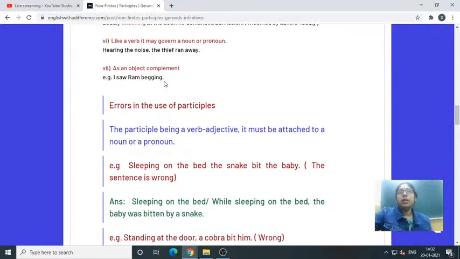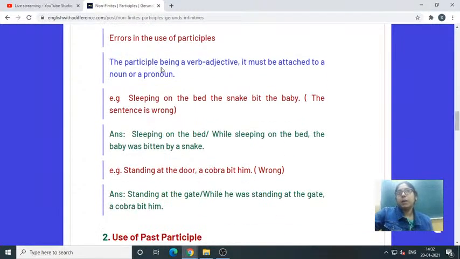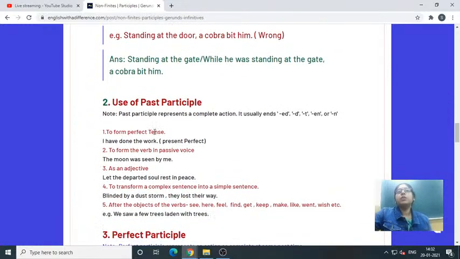ठीक है, अभी देखो इसमें एरर टाइप का कुछ सेंटेंस हमने दिया आपको जो सही है, that also I have shown. Now uses of past participle, present participle over past participle. Past participle, how to make past participle when we are making present tense to past participle? Most of the time we are using ed or else d or else t or en or n.